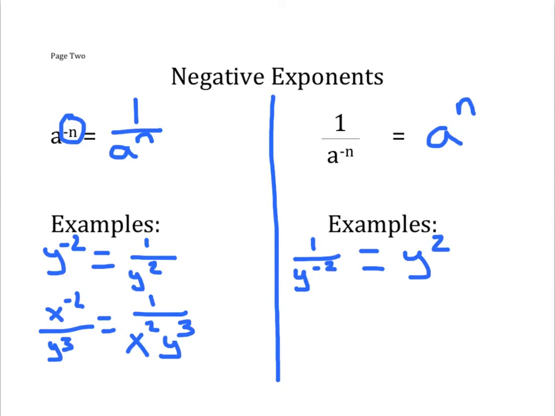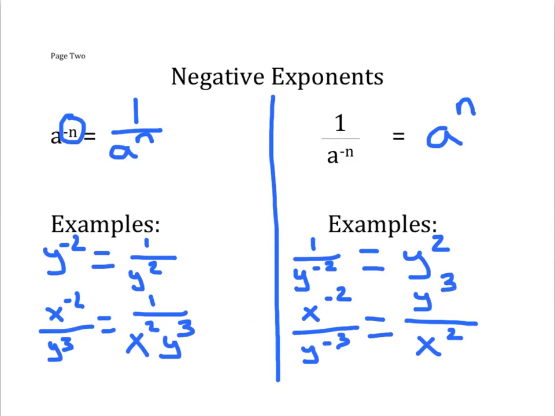If we have x to the negative 2 over y to the negative 3, we know that if we have a negative exponent in the numerator, it switches to the denominator, so we have x squared as a denominator. If we have a negative in the denominator, it becomes the numerator, so y to the 3rd.